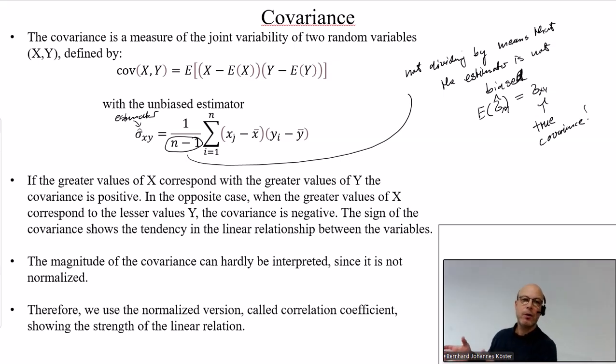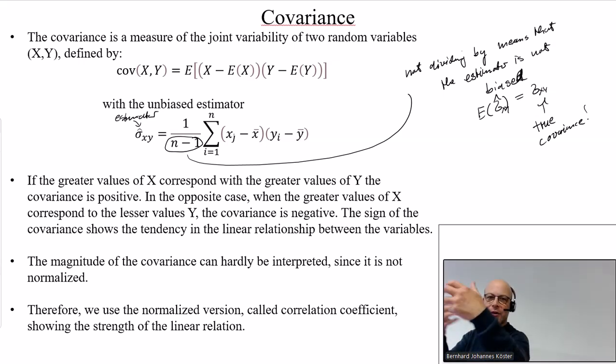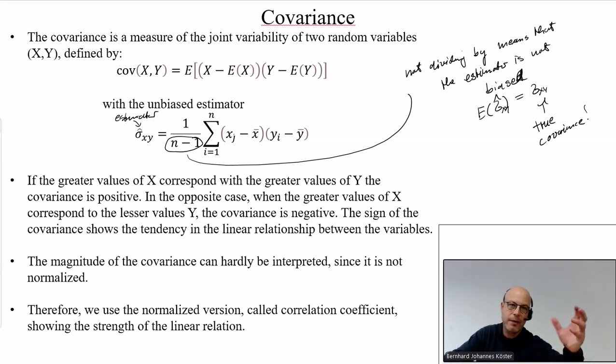And as I already mentioned it, if in general we have a dependence looking just on your data and your cloud of points has an increasing feature, then in general this would mean that an increase of x implies in general an increase of y, and this would then in the end mean that from your data set you obtain a positive number for covariance, and the other way, if the cloud is downsloping, then you obtain a negative value.